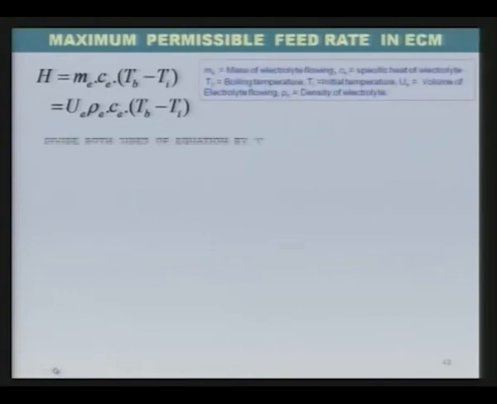Now, divide both sides of this equation by the electrochemical machining time t, then you get H/t equal to U_E/t times rho_E C_E multiplied by (T_B minus T_I). Now, this volume flow U_E when divided by time of flowing, then you get volumetric flow rate.